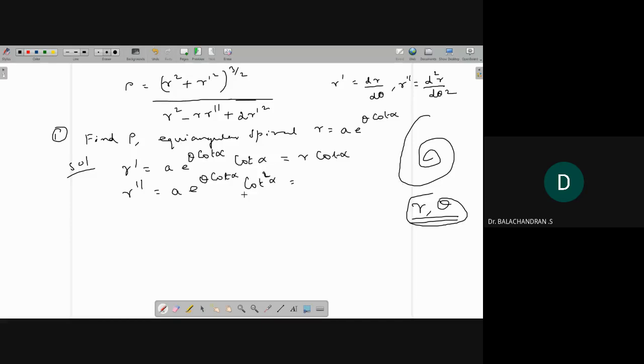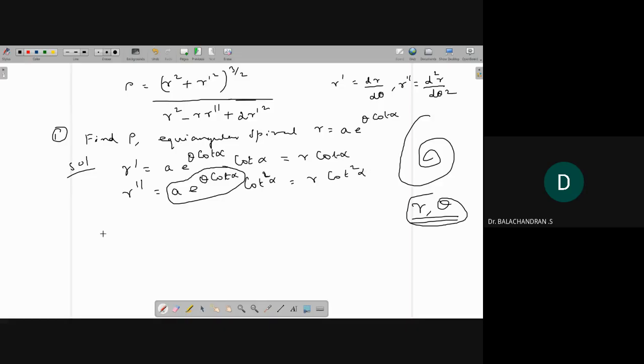So if you differentiate again e power theta into cot alpha, again we get cot alpha. So cot alpha into cot alpha, cot square alpha, and this is nothing but r. So r double dash is r into cot square alpha.